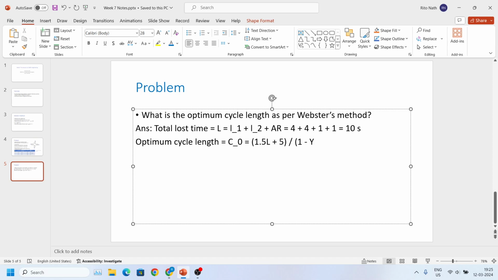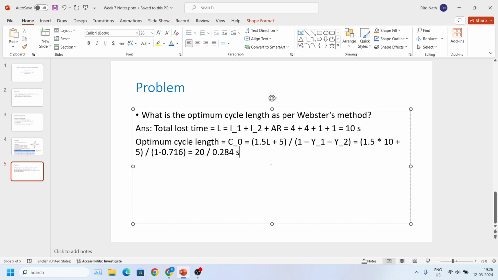So 1.5 times L, which is 10, gives 15, plus 5, that's 20, divided by 1 minus 0.716, calculated from the previous slide, which is 0.284.